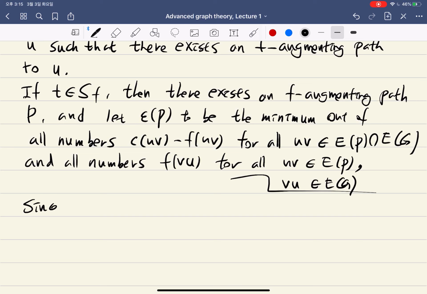Then we know that the terminal vertex is in here, and epsilon of P is positive.